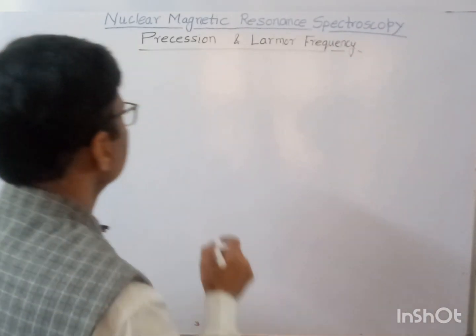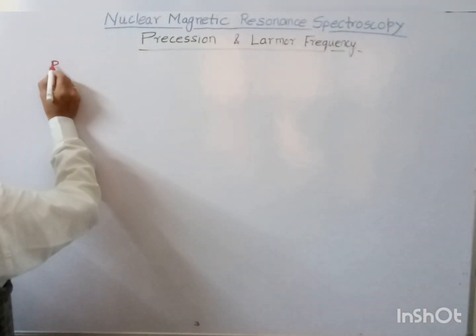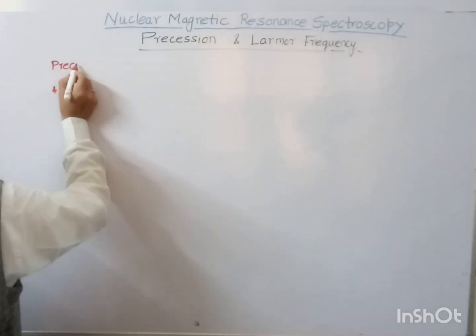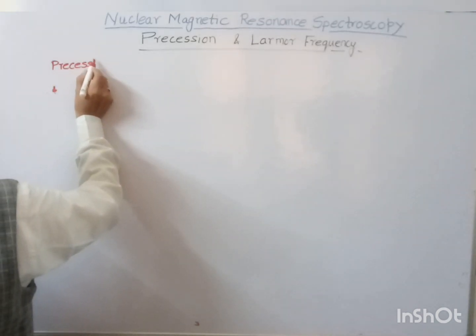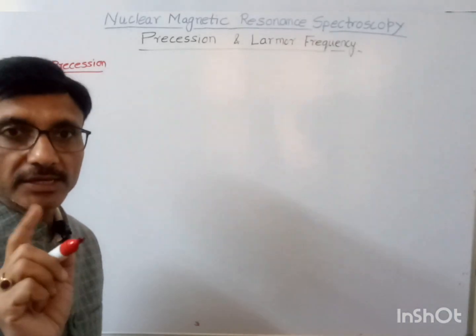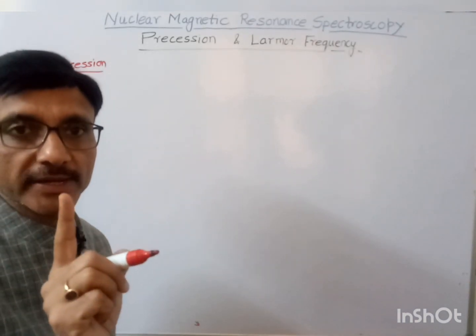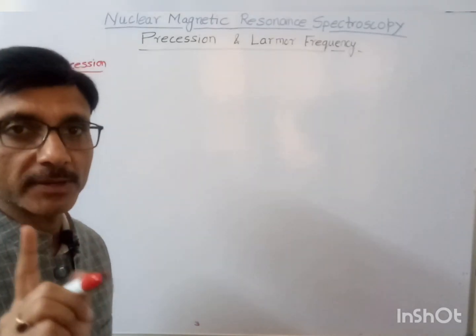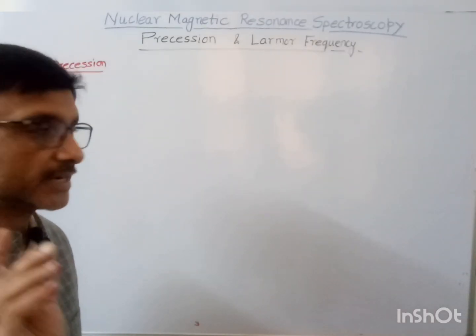So what is this precession? Precession is the spinning of nuclei like that of a spinning top in presence of an external magnetic field.